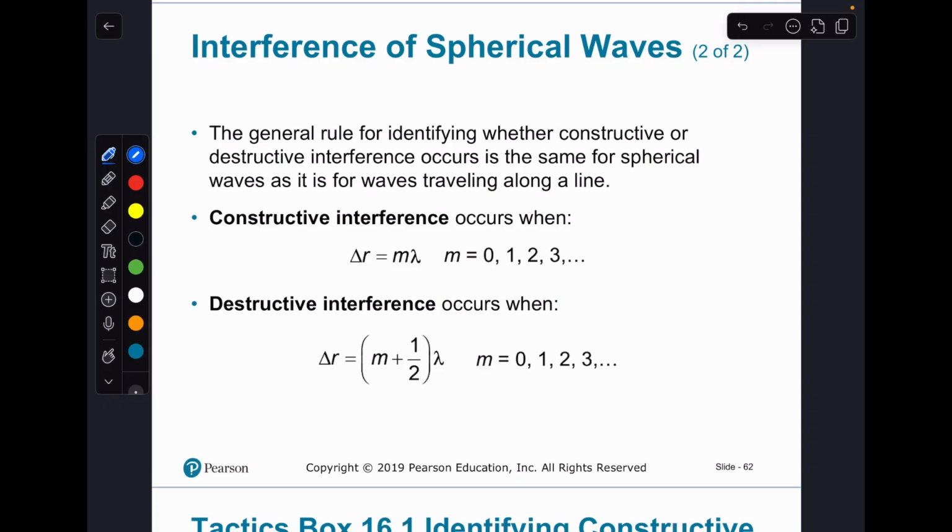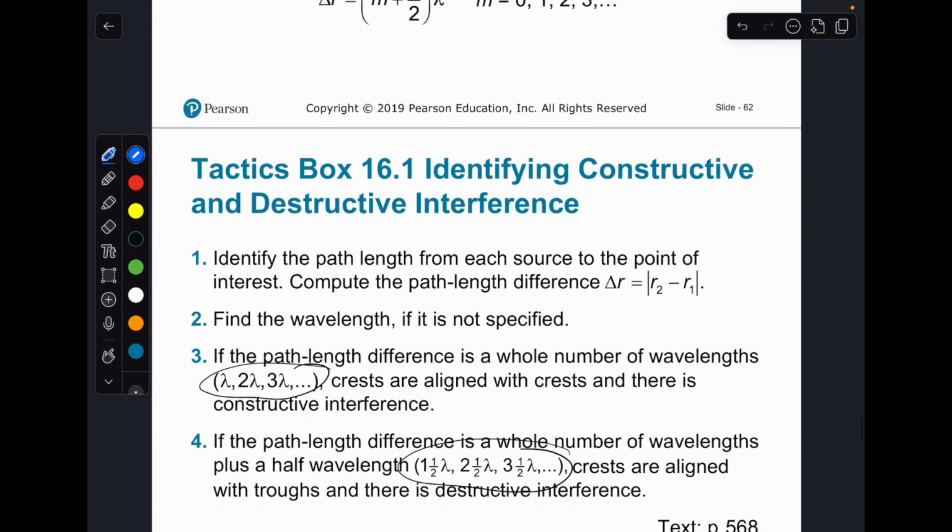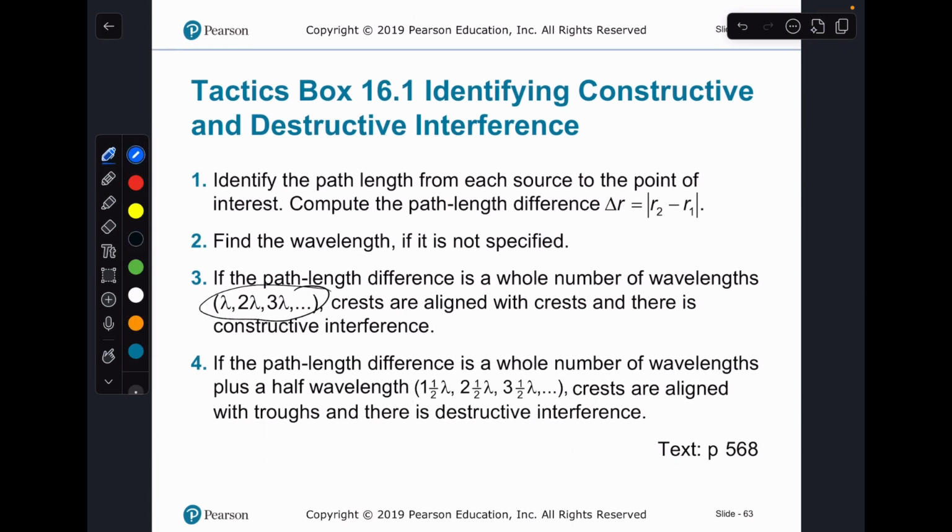It's just that the way we are finding the path length difference has a slightly different geometry. And so this tactics box is basically, if you are looking at a problem and you don't know where to begin, you can literally follow these steps and be able to get the solution for any kind of constructive or destructive interference problem.